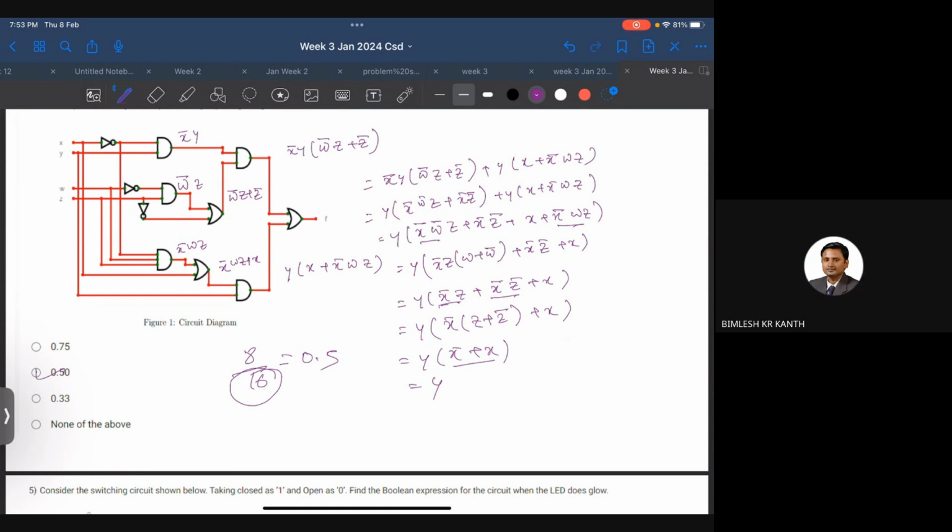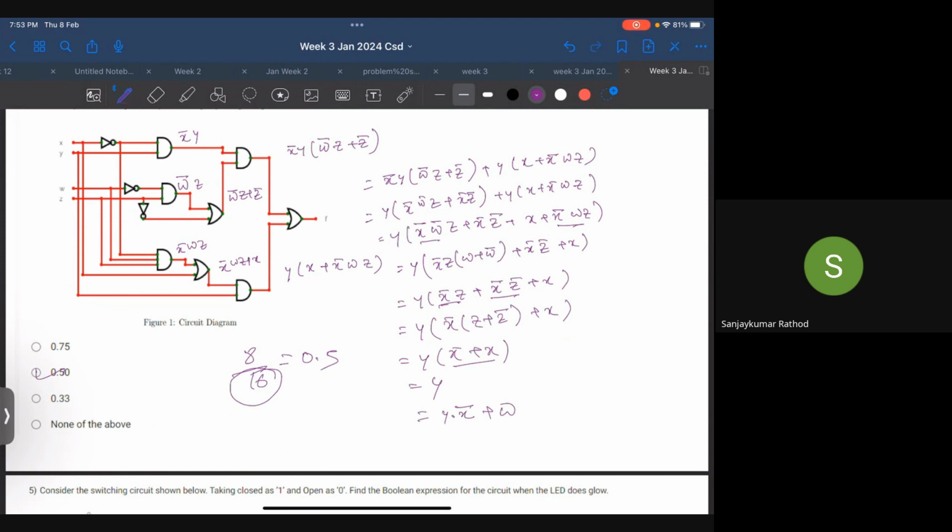Hypothetically, let us say the final minimized expression is y dot x bar plus w. Then you should take three variables in that case. You put all these variables in the truth table and then find out.